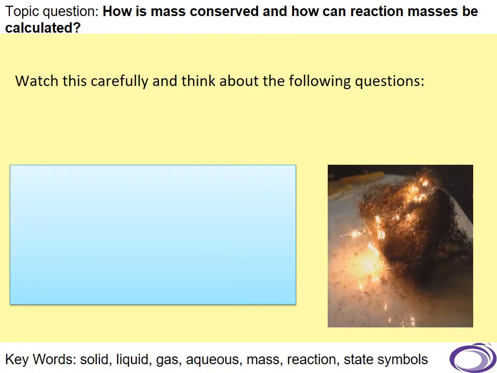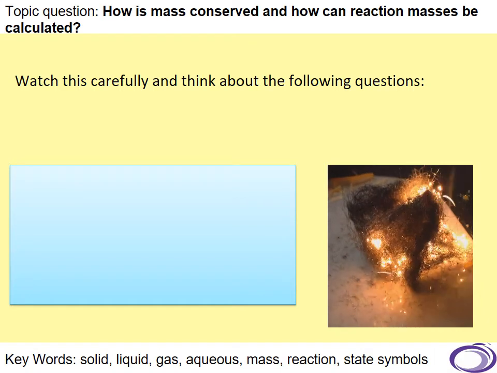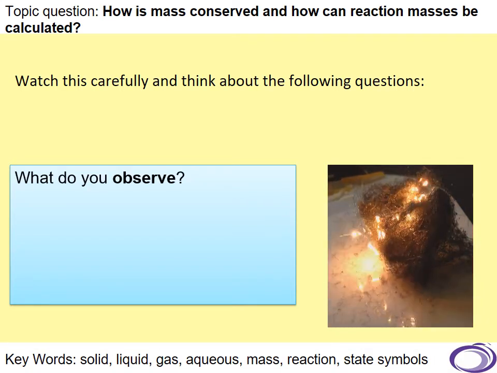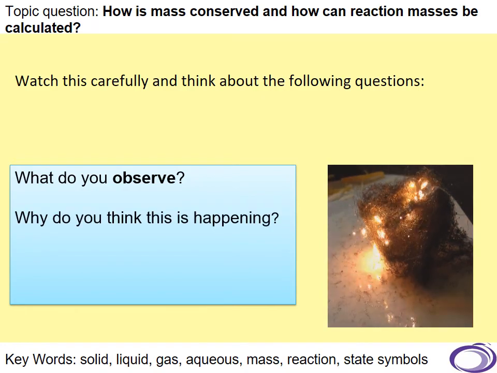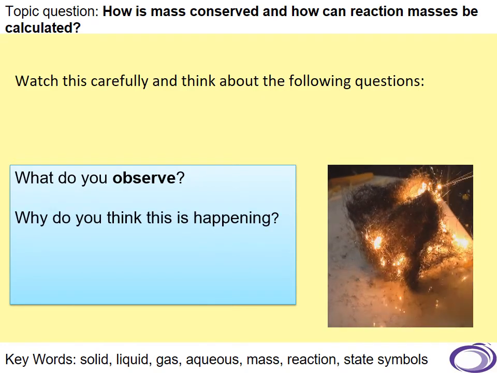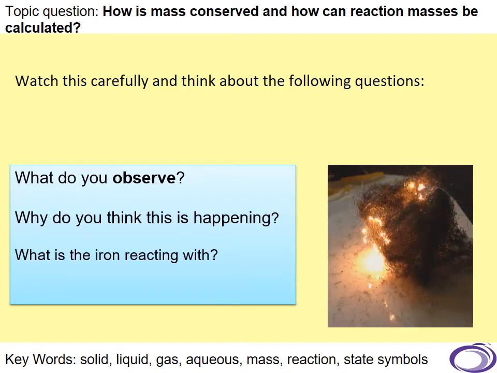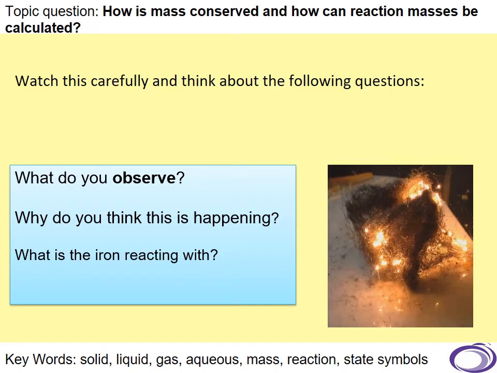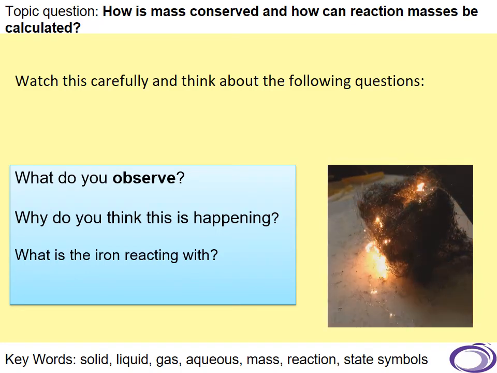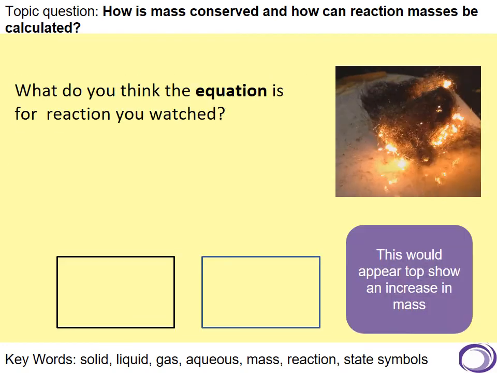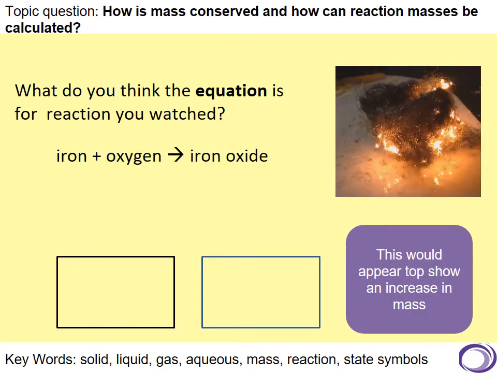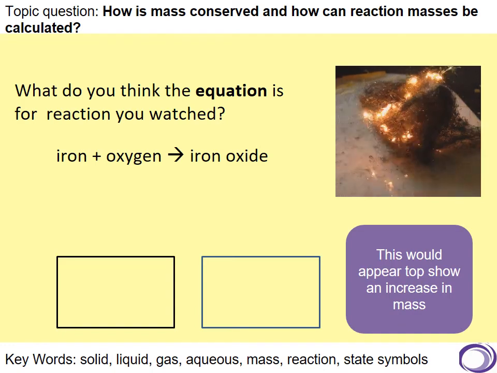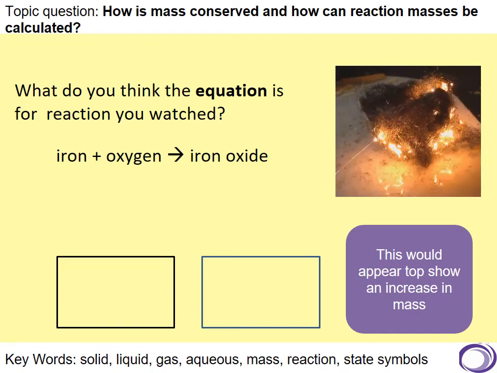Looking at the video that's showing on the right hand side, what can you observe? So that means what do you see, what do you think is happening, and what do you think the iron is reacting with? Well, the reaction that we're seeing is the reaction of iron and oxygen to form iron oxide.